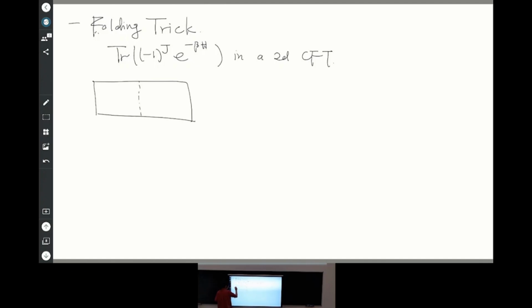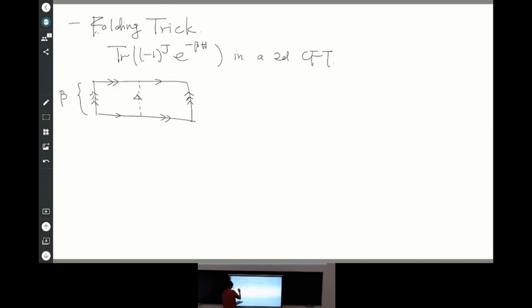This is my thermal circle, which is of length beta. Because of this insertion of (-1) to the power j, as I advance by beta along the thermal circle, I am forced to do a rotation by pi. So this is why I have to identify the edges in a funny way.